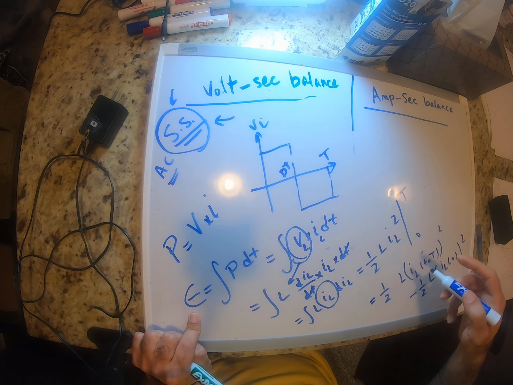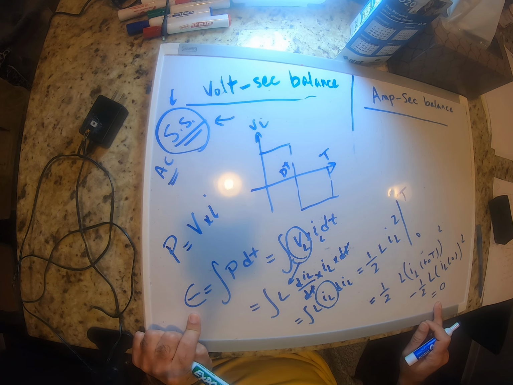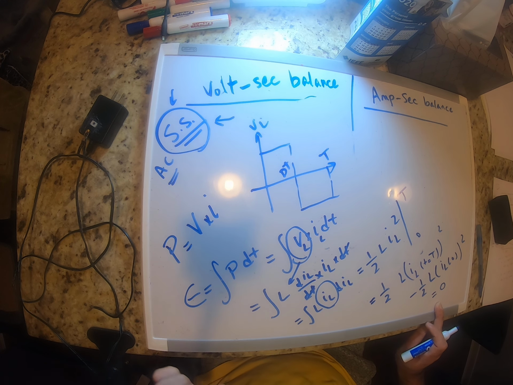And if you're in the steady state, we saw that these two are equal. So the average energy that gets stored in an inductor is also going to be 0.